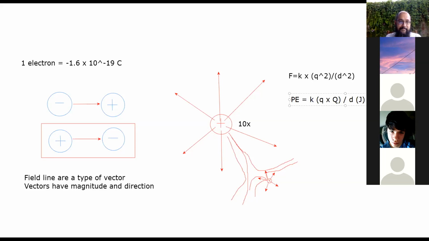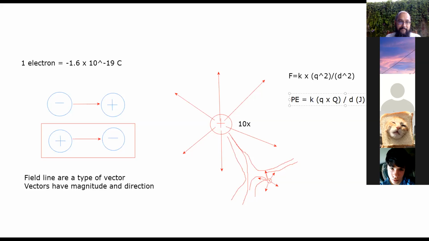I just typed it in behind the J. What's an N·m? What's the unit of force? Newton meter? That's it.